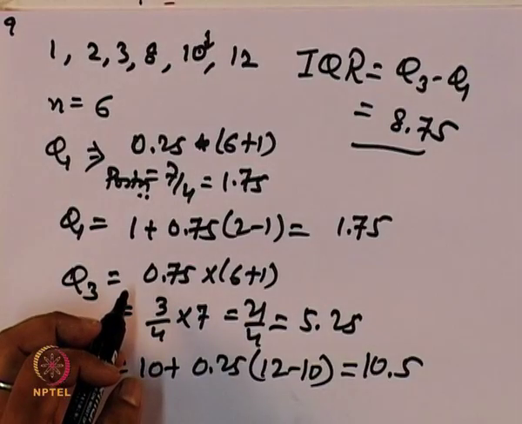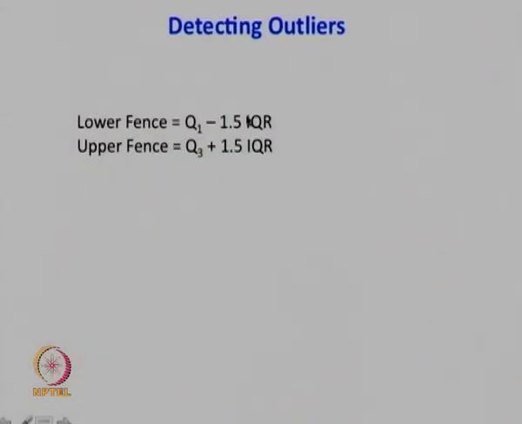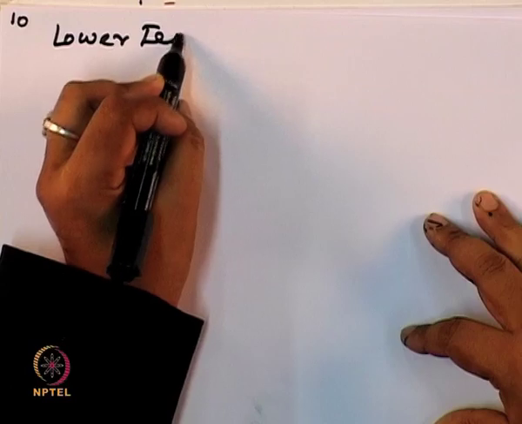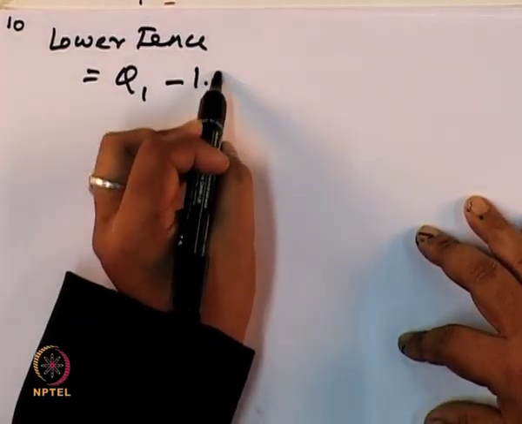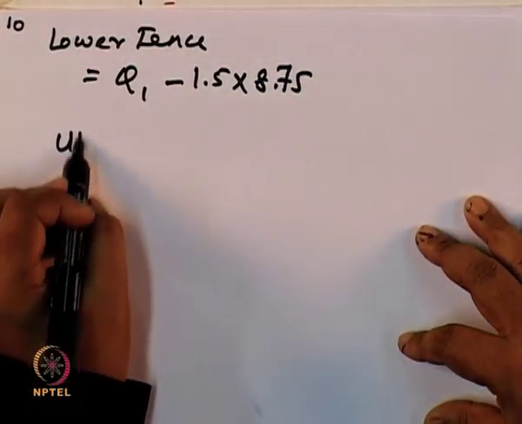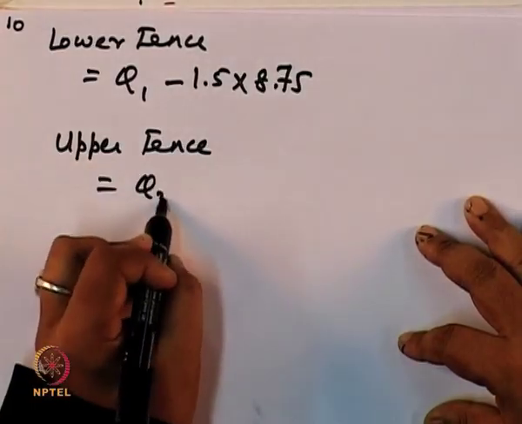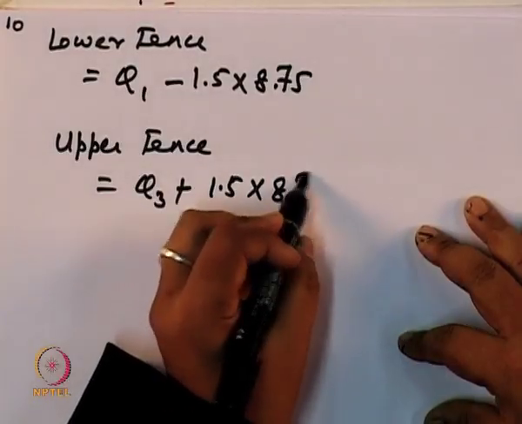As per this, my lower fence has to be Q1 minus 1.5 times IQR, right. So, my lower fence is Q1 minus 1.5 into 8.75, and the upper fence is Q3 plus 1.5 into 8.75.